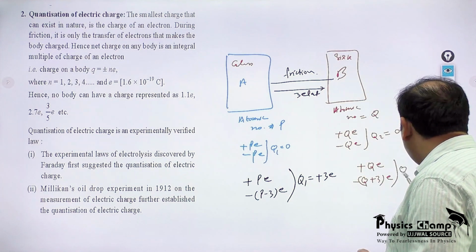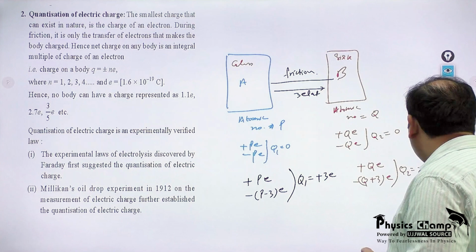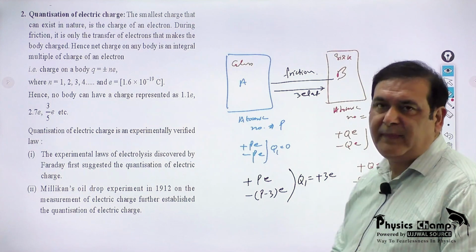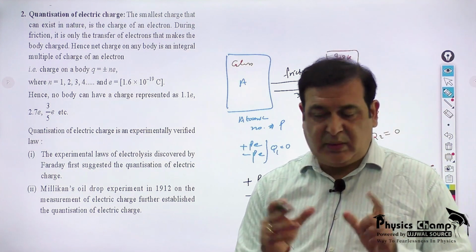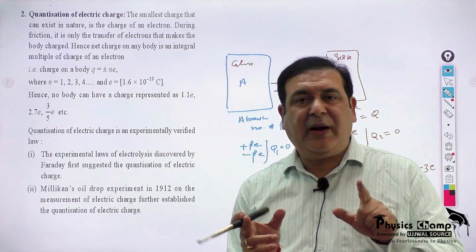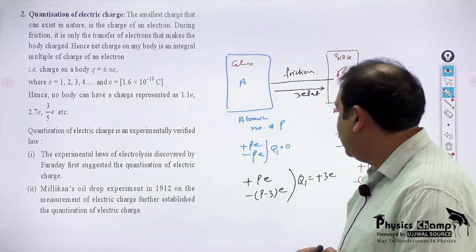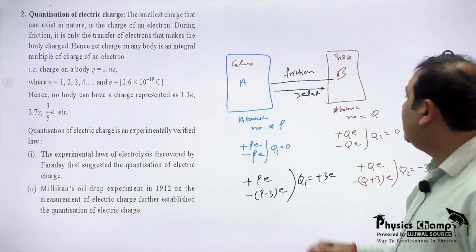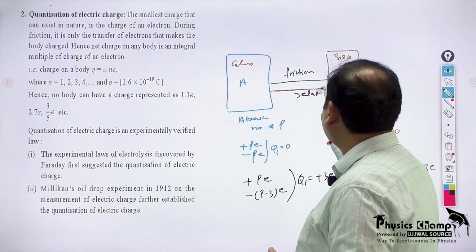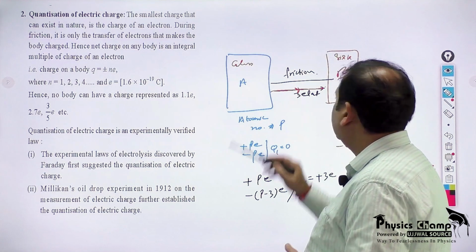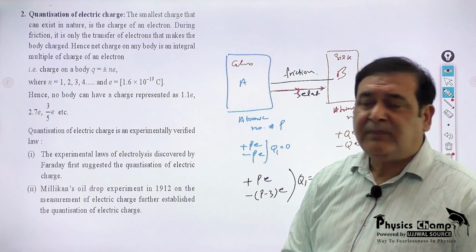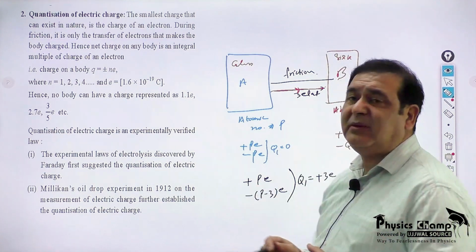So the net charge here will be minus 3e on every atom. We are assuming 3 electrons per atom have shifted. So there is a loss of 3 electrons from glass and a gain of 3 electrons in silk.